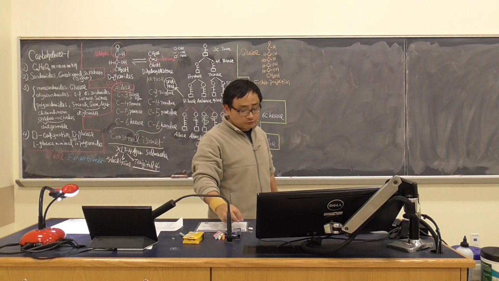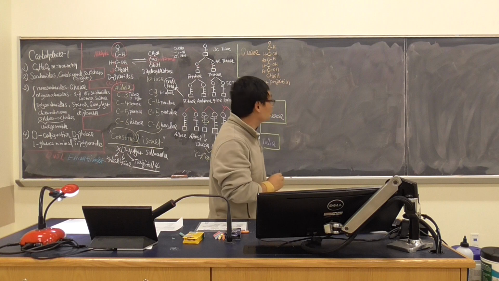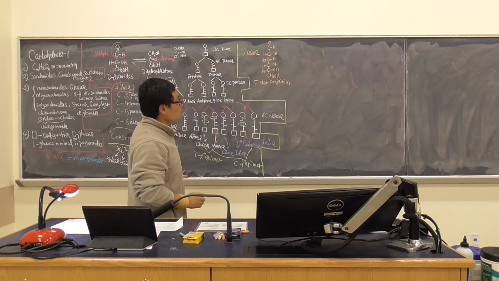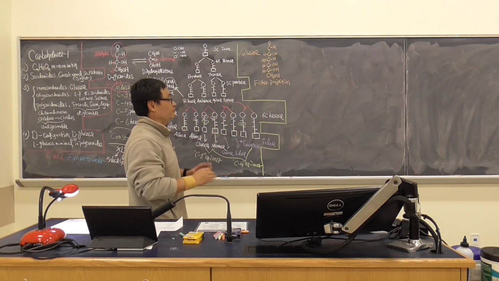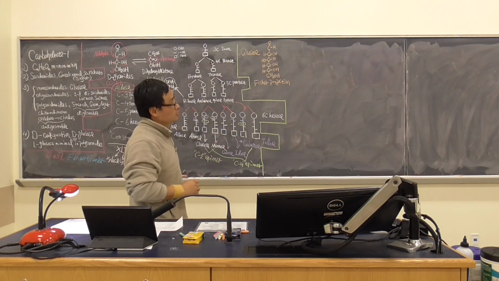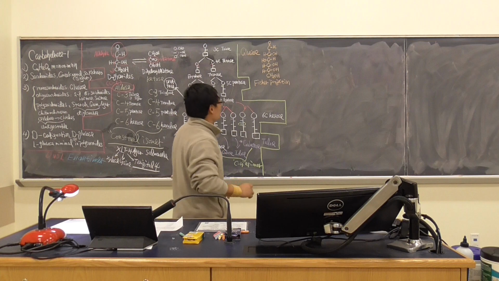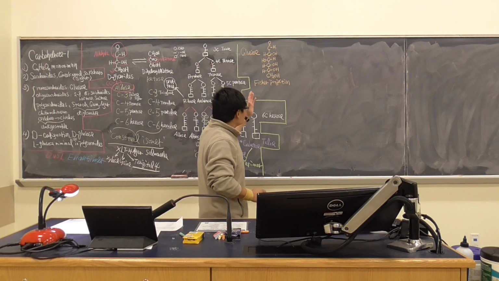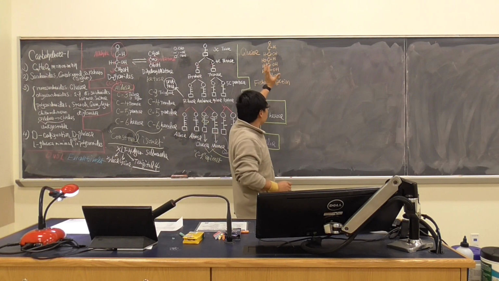Now, where does this come from? It comes from a long time ago, when people were doing chemical structure analysis in the late 19th century and early 20th century. They wanted to see what the linear structure looks like.